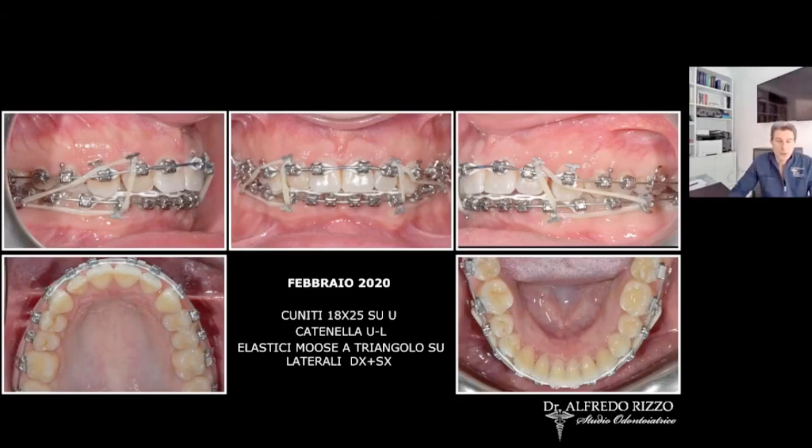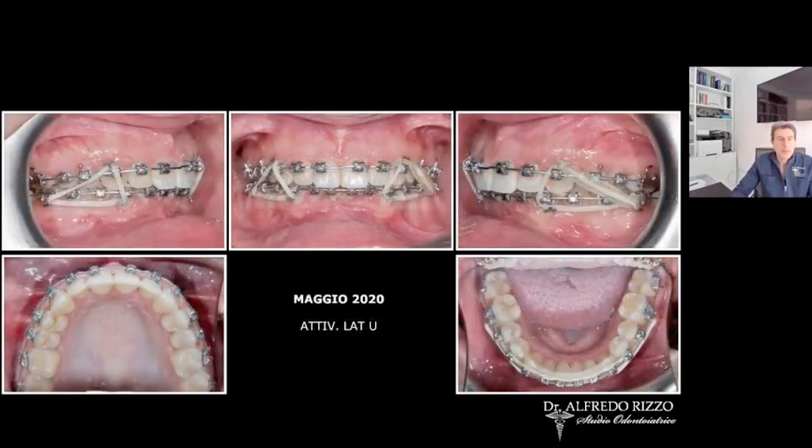Then we continue with copper nickel titanium 18/25 in the upper. We improve the dental aesthetics. The class 2 elastics continue to work in the triangular shape. I have also added class 2 elastics additionally because there is always a tendency that we might be missing something, so I have decided to keep them on.